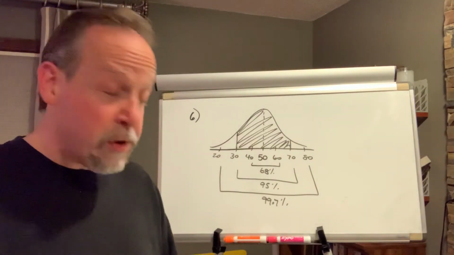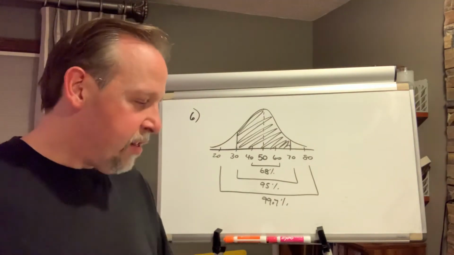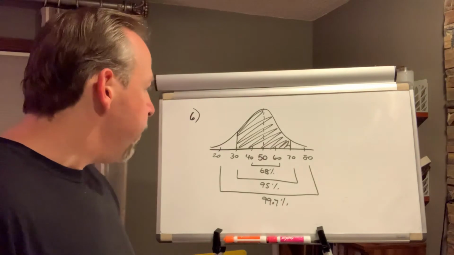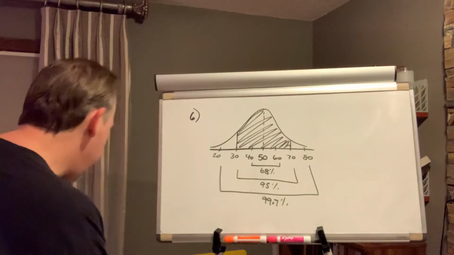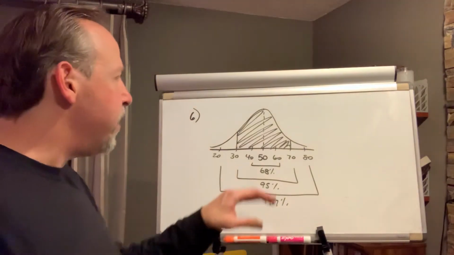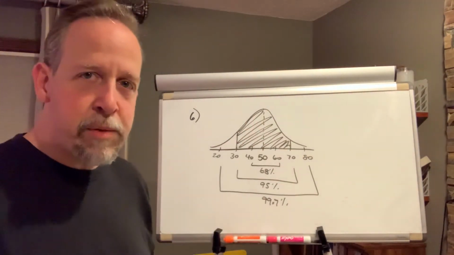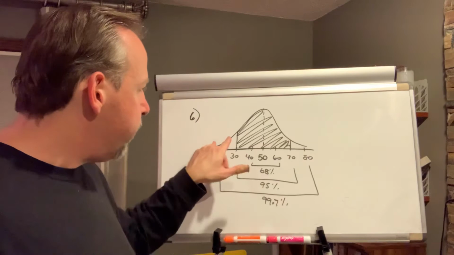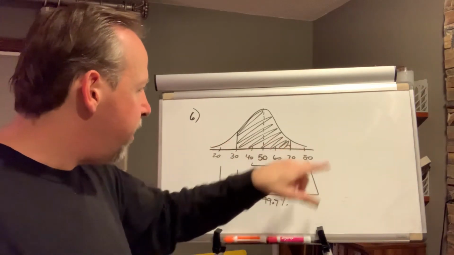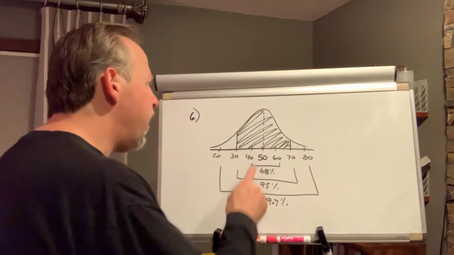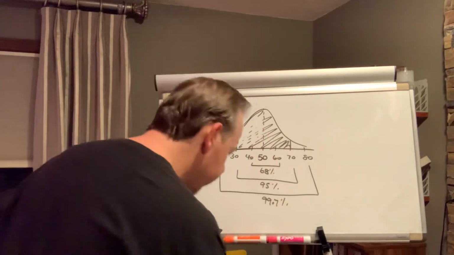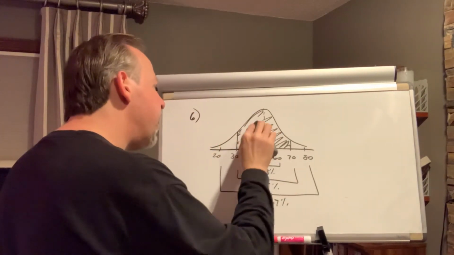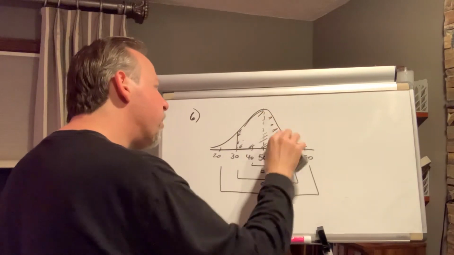Answer choice A says all of the data lies between 30 and 70. So is answer choice A correct? Does all the data lie between 30 and 70? Well, you're looking at it and you can see there's extra blank white space. Clearly no, not all the data lies there. That can't be right. So answer choice A? No, we're going to say that's not a right answer. So let's keep looking.